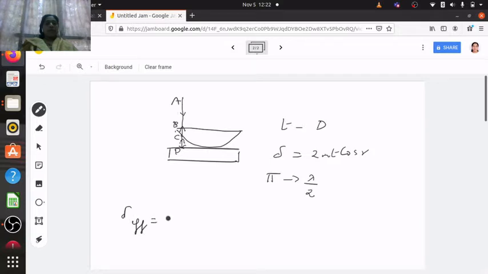So the effective path difference can be written as 2nt cos r plus lambda by 2.